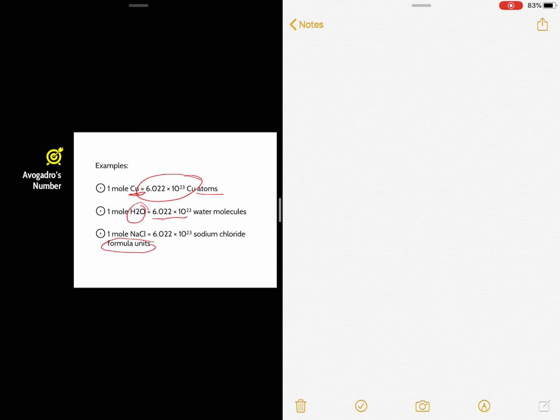1 mole of sodium chloride is equal to 6.022 times 10 raised to 23 sodium chloride formula units. Bakit formula units yan? Kasi ionic compound si sodium chloride. Usually pag ionic compound, formula units yung ginagamit. Now, again, 1 mole of any substance is equal to the Avogadro's number. Madali lang. 1 mole of hydrogen atom, equal lang yan sa 6.022 times 10 raised to 23. What's the unit? Atom. Kasi nag-iisa siya.